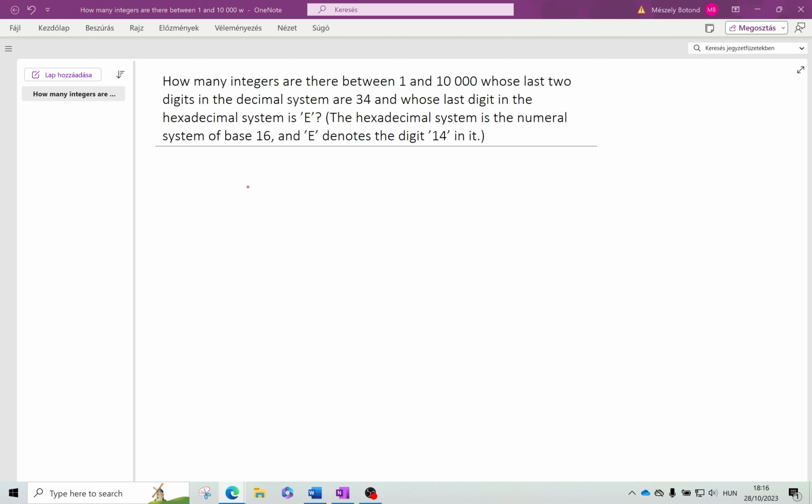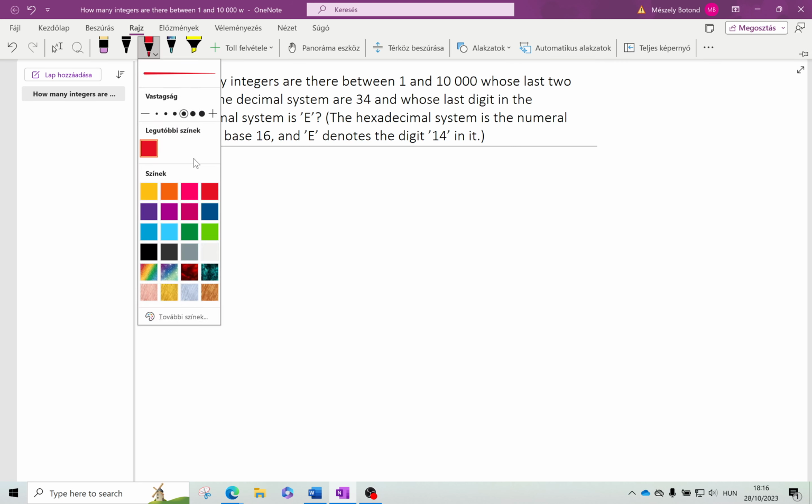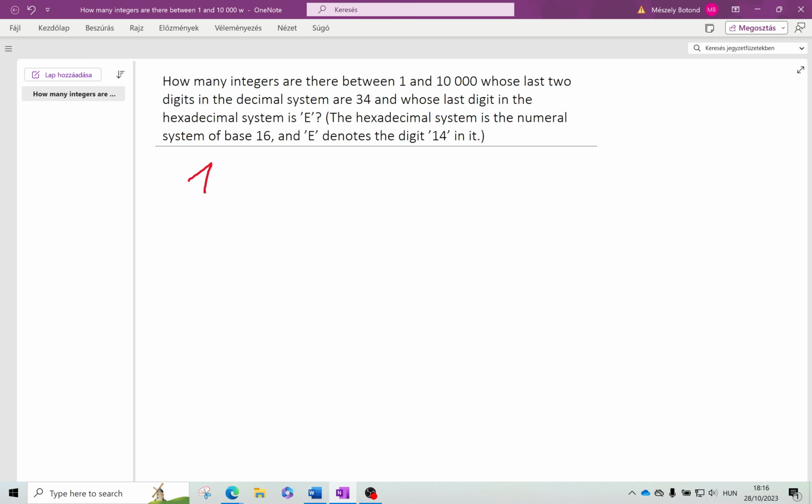Basically they ask you which numbers n are congruent with 34 modulo 100.